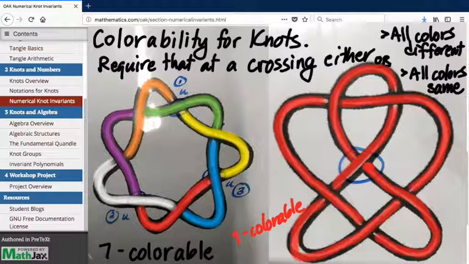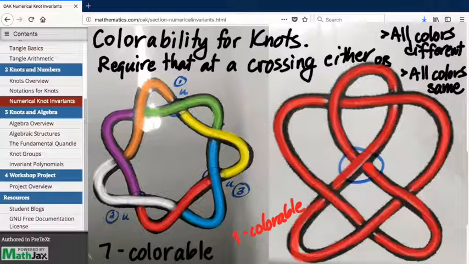So somehow, broadly speaking, we want the colorability properties of a knot to be a complete invariant for that knot. Ideally, if we can know everything about how a knot may be colored, that should uniquely characterize the knot for us. So that's our holy grail this semester, a complete invariant for knots, the way that we had a complete invariant for rational tangles, right?